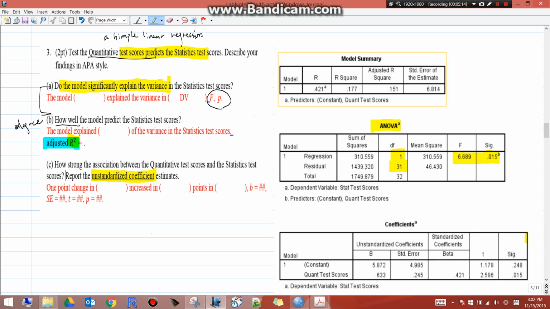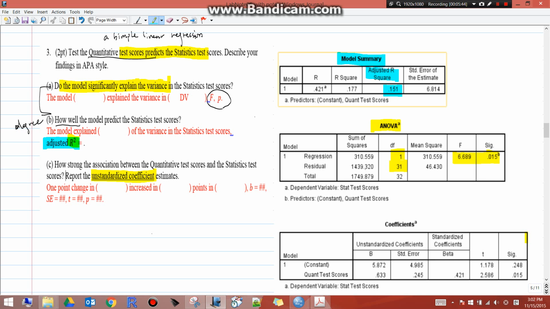Let's look at the model summary. This model summary gives us measures of effect size, such as adjusted R squared, and you can see the R squared. But what we need to report is adjusted R squared. Usually, adjusted R squared is slightly less than R squared. So you can see that, right? It's 0.117, it's 0.151.